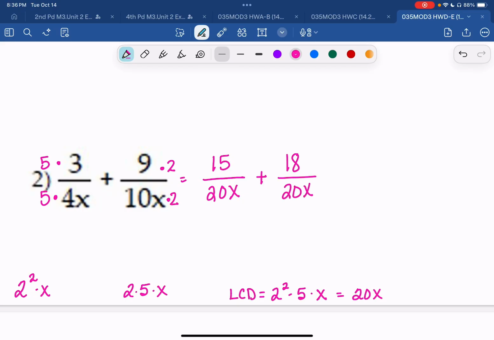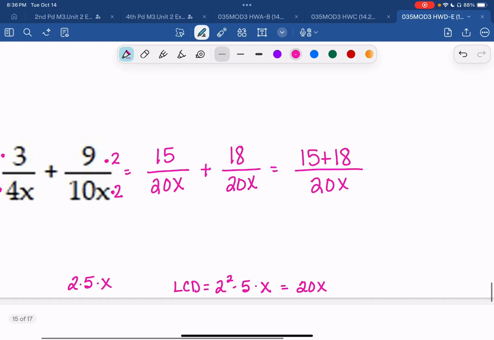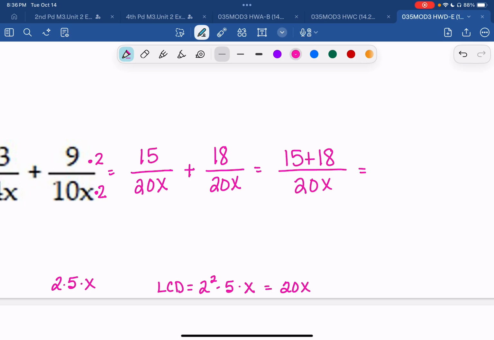Now I have common denominators. So now I can write this as 15 plus 18 over 20x, which becomes 33 over 20x. And I can't simplify anything there, so we're done.